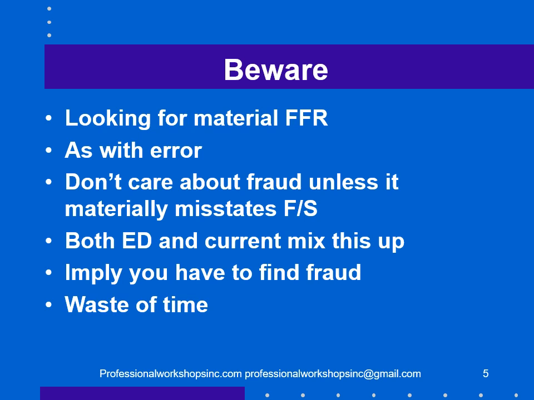Now, both the exposure draft and the current standard mix this up, and they talk about finding fraud, and they drop the word material, and they drop the words fraudulent financial reporting. And if you spend your time looking for fraud, you're going to waste your time because you're not going to find anything that requires a journal entry.